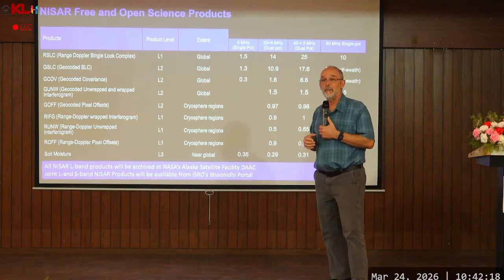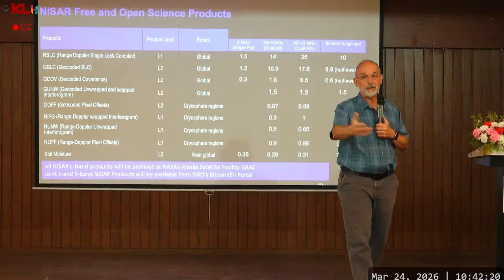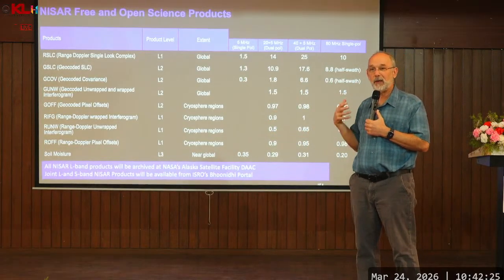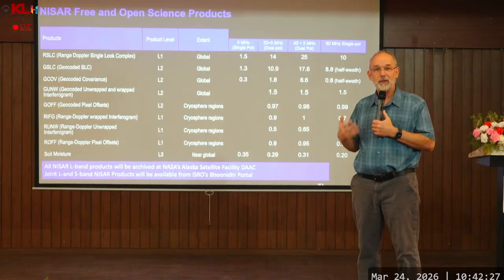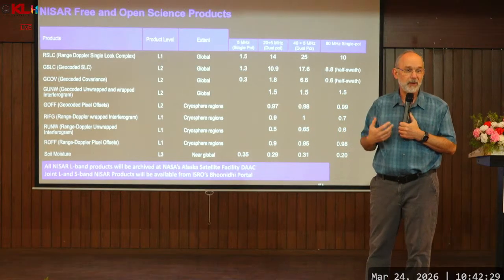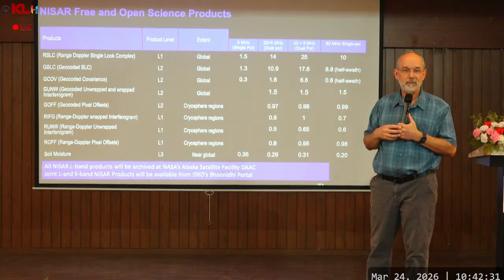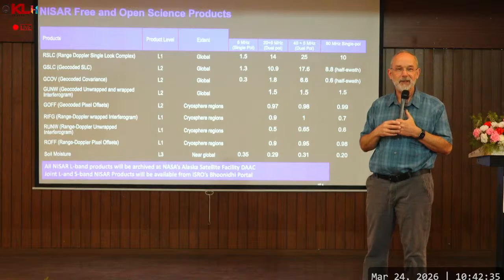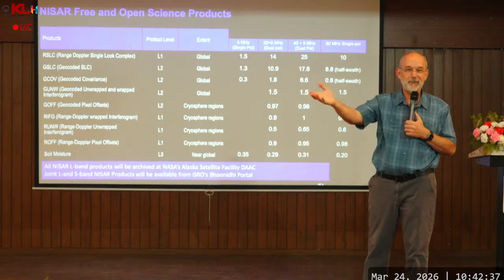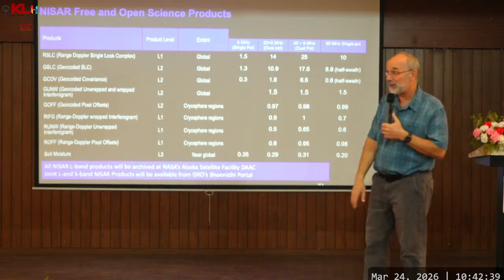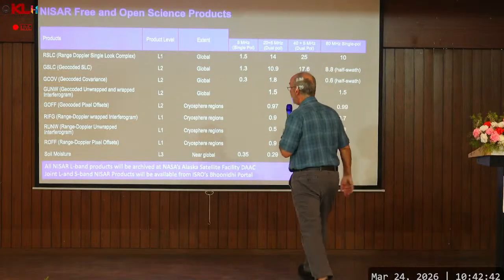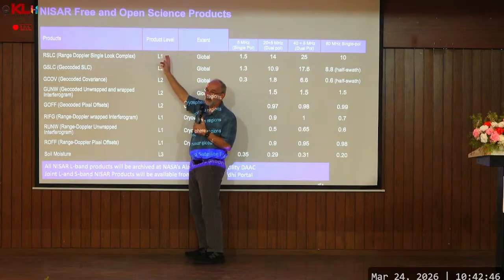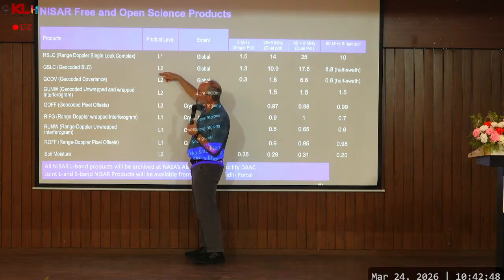However, many users, perhaps you're among them, would much prefer a product that you can read directly into a GIS system rather than a range Doppler coordinate system, because who the heck knows what that is, except after you heard my lecture yesterday, you now know what that is. Anyway, the level 2 products are similar to the level 1 products, but they are geocoded.